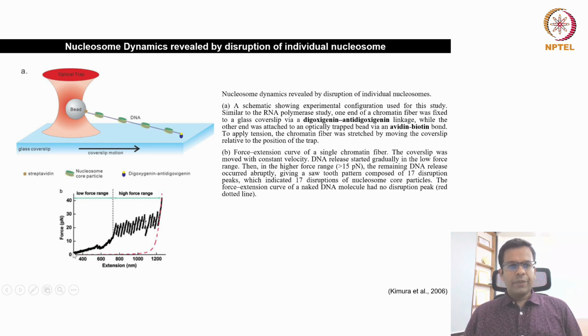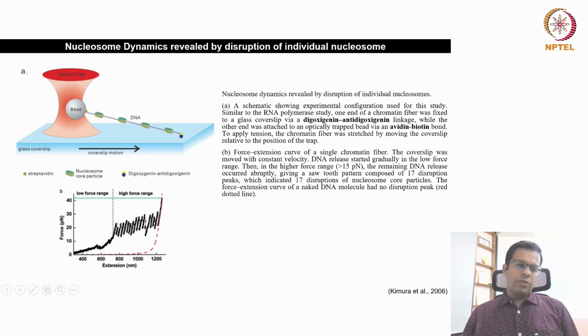So what they are showing is that they made this kind of arrangement using the optical trap, and then they kept applying forces. In the low force range, they didn't get this kind of pattern. They mentioned that it is a sawtooth pattern. So when a nucleosome opens up, it gives this kind of abrupt reduction in the force.